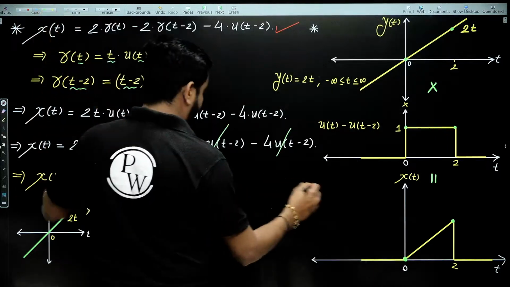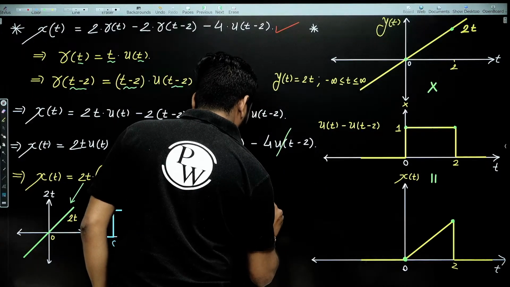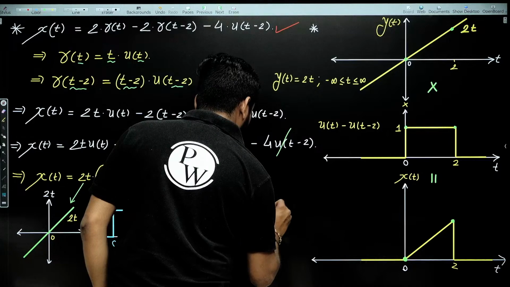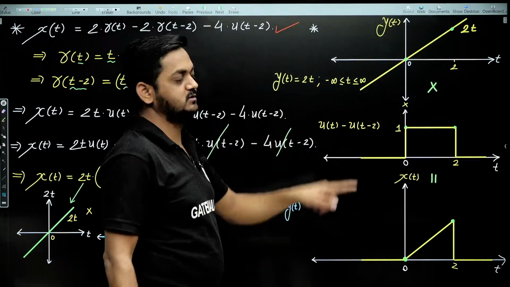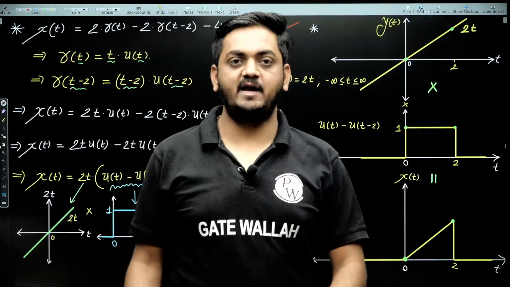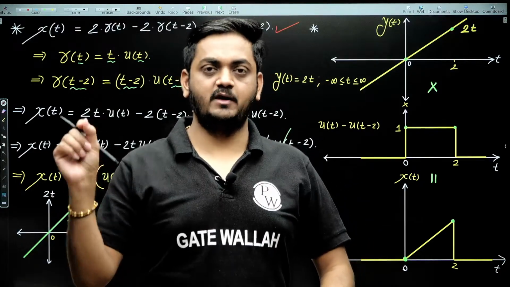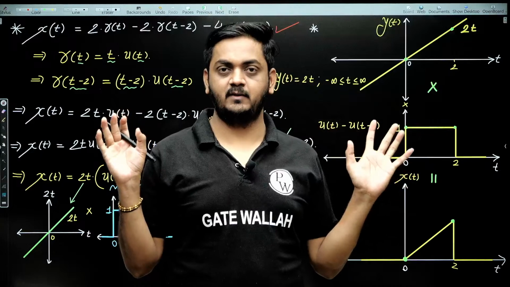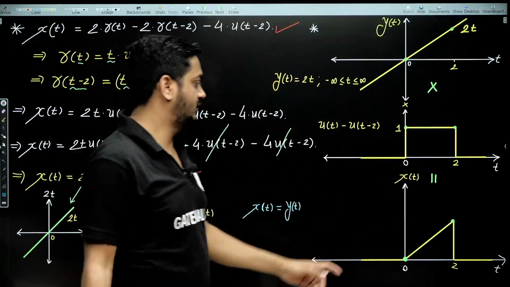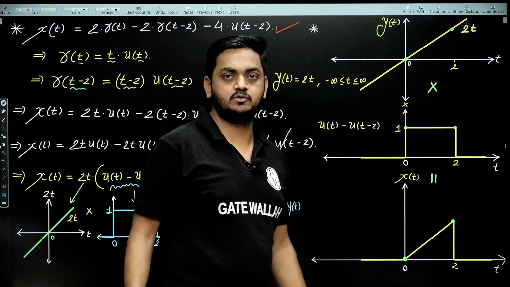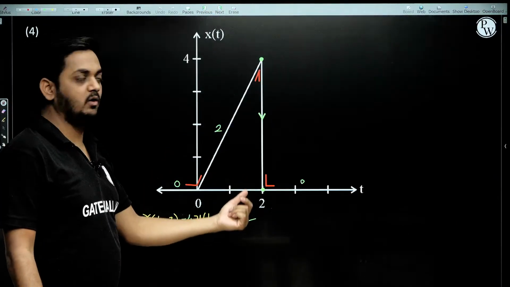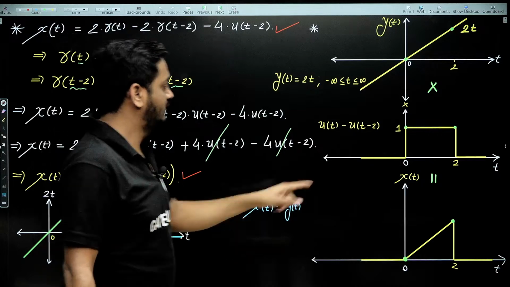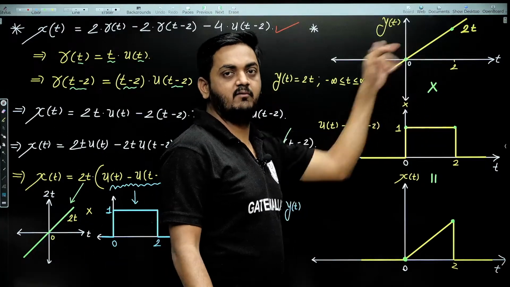So here x of t is nothing but the line equation from minus infinity to plus infinity. You have to write first the line equation from t equal to minus infinity to plus infinity, and then you have to select the window function according to the question. According to the question means here you want the line between 0 and 2 only, so select the window function from 0 to 2 only and multiply with this line.